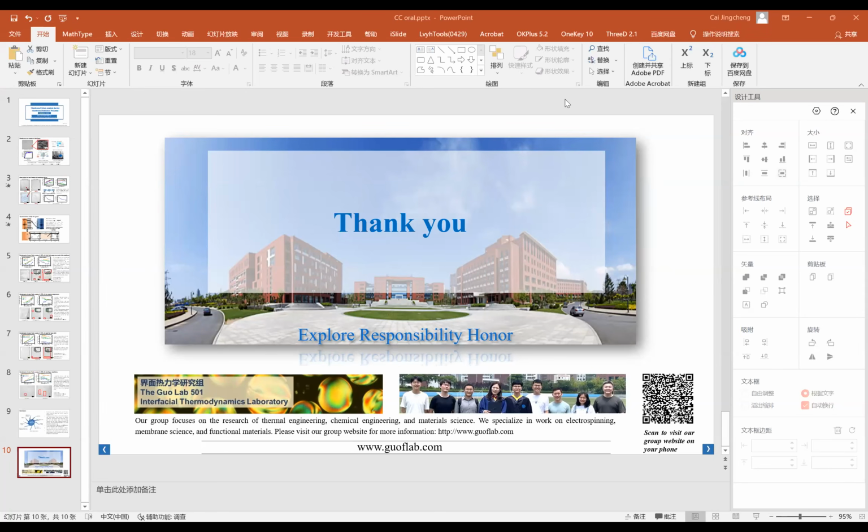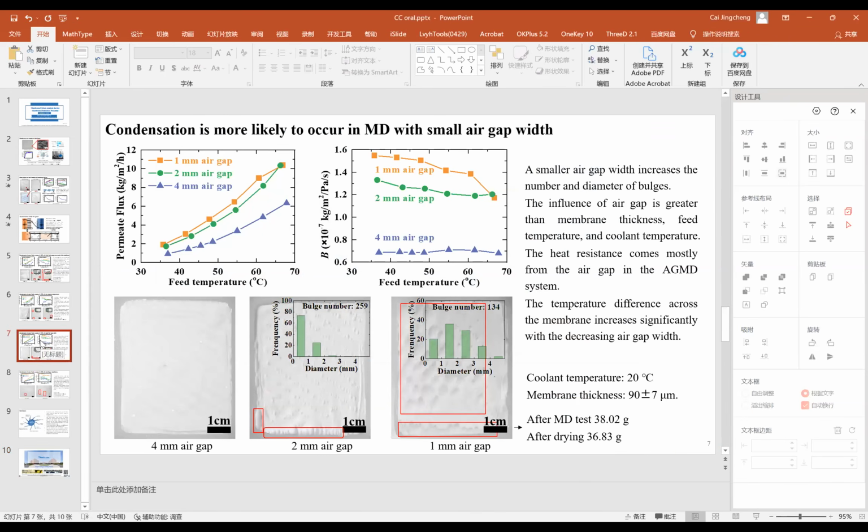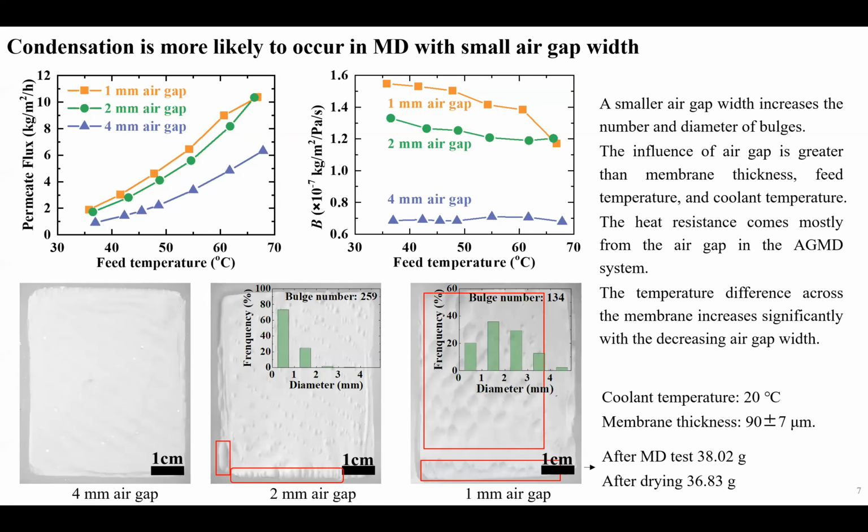So what is the relationship between increasing the air gap and the conductivity change in your permeate? By increasing the air gap, you say you can decrease the failure rate for membrane distillation, right? So what is the conductivity change in the permeate if you increase the air gap?